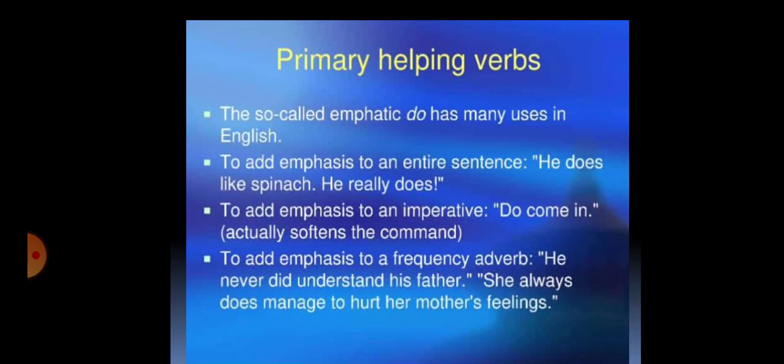Do come in. Here actually it softens the command. It is also used to add emphasis to a frequency adverb. He never did understand his father. She always does manage to hurt her mother's feelings.